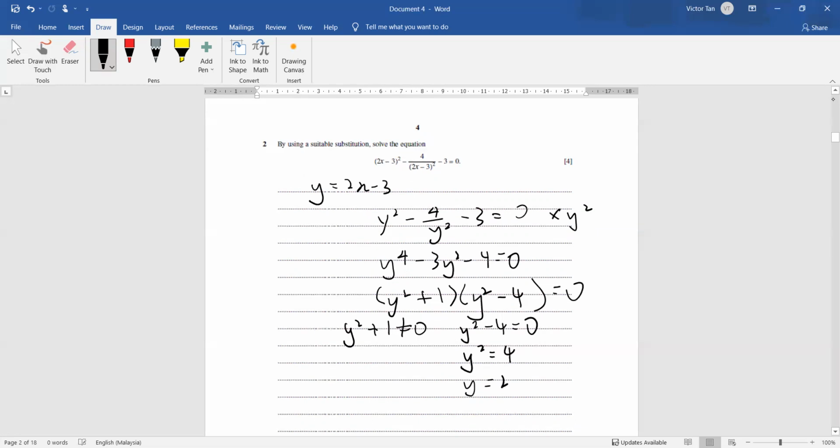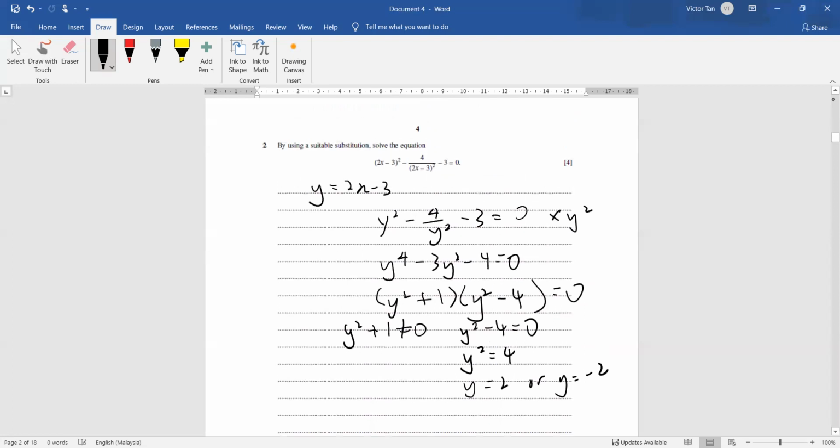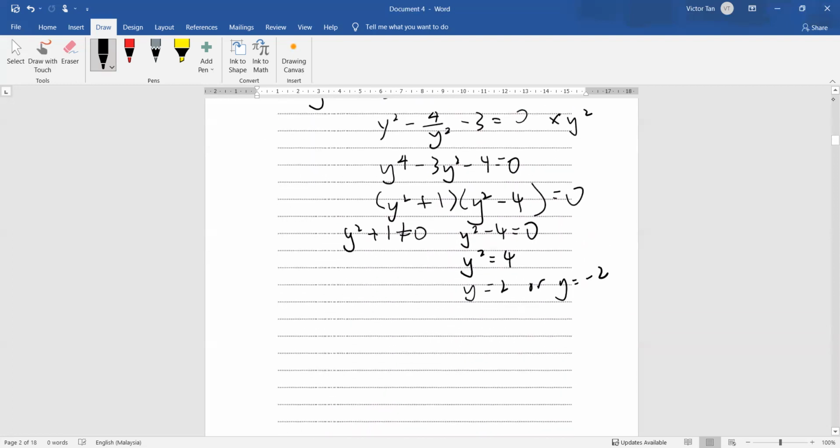Y equals to 2, or y equals to minus 2. Now, you're not finding y, you're finding x. So you need to substitute y equals to 2x minus 3 back into the equation. And you have x equals 5 over 2. That's one solution. And x equals to half. That's the other solution.